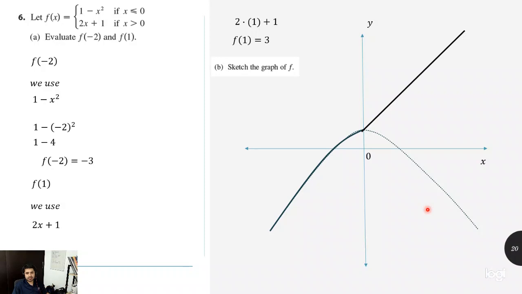So then it's going to be exactly this. And then the other one should be 2x plus 1. So when x is 0, you get plus 1. So then it matches exactly at this point. And then it is going to increase because this is 2x positive. So this is going to be the graph of the function.